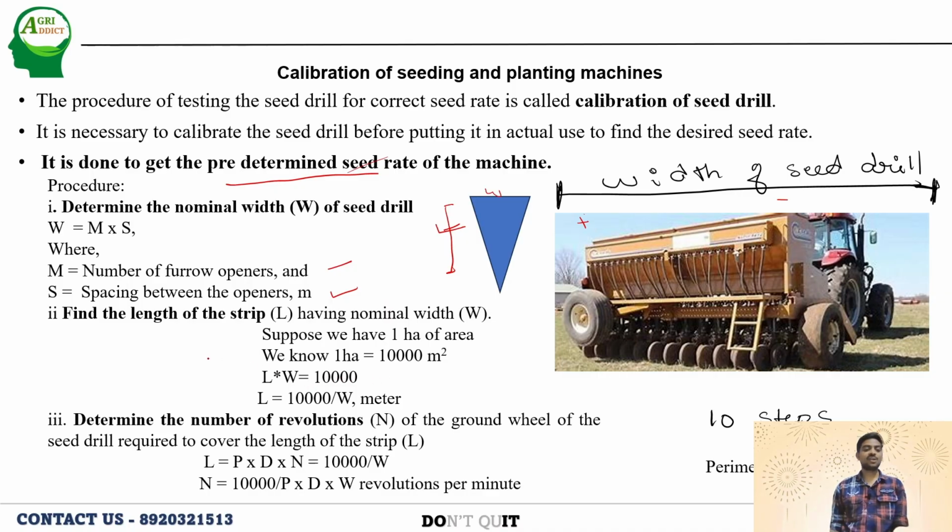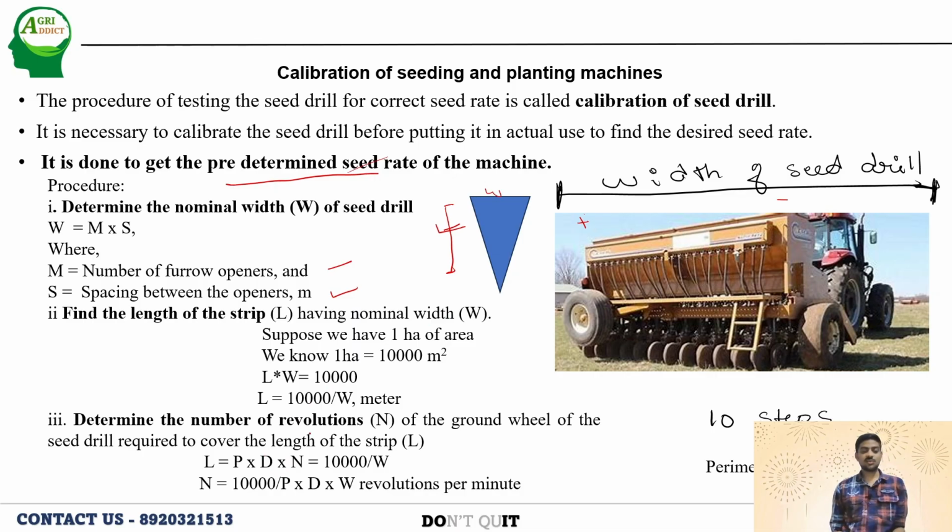Equating, we get the length of the strip as L = 10,000 / W. I think now you are clear with these two formulas. One is to find the width of the seed drill, and the other is to find the length of the strip, because the length of the strip is needed to find out how much seed one furrow opener can be filled with.